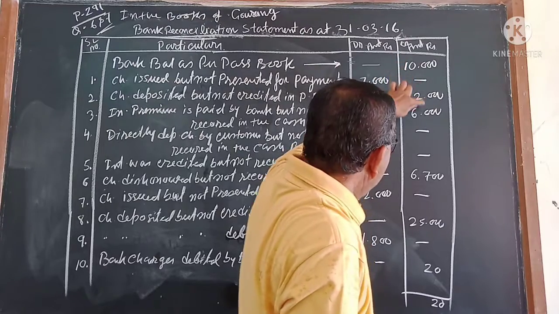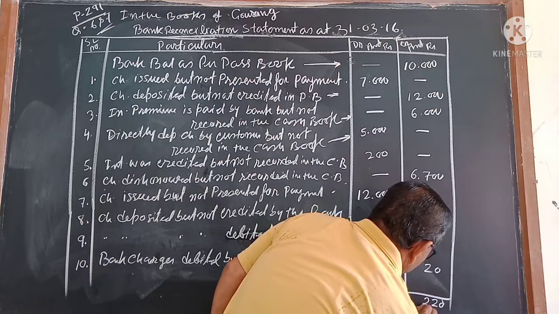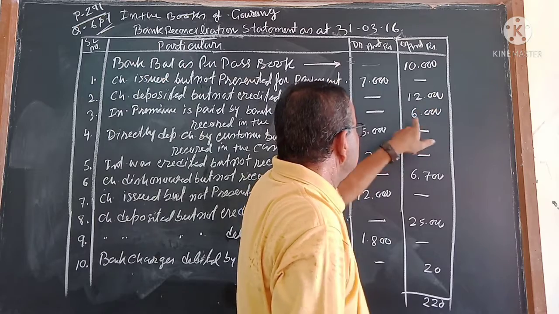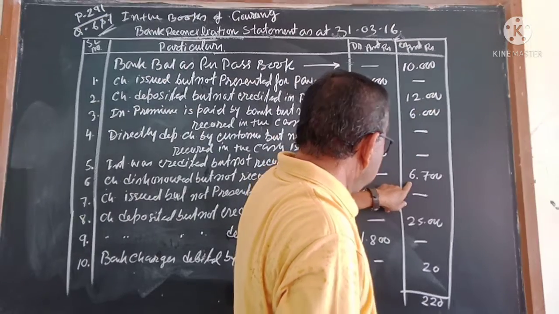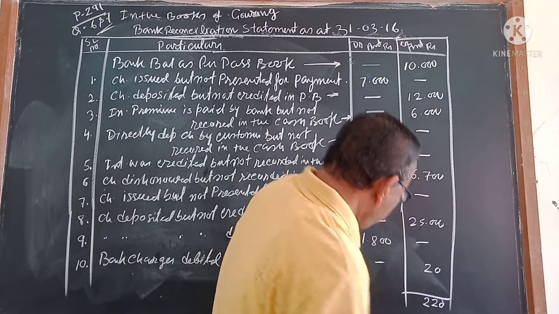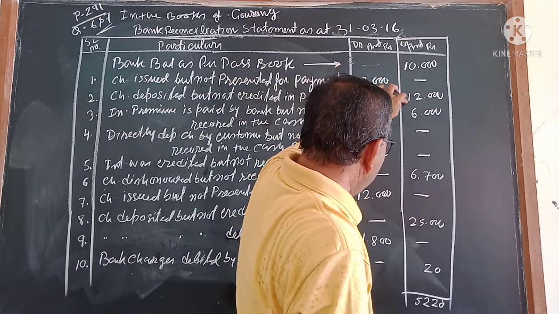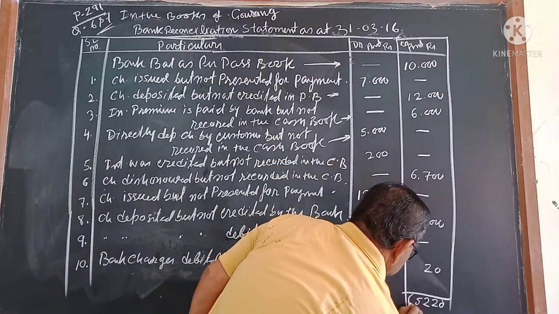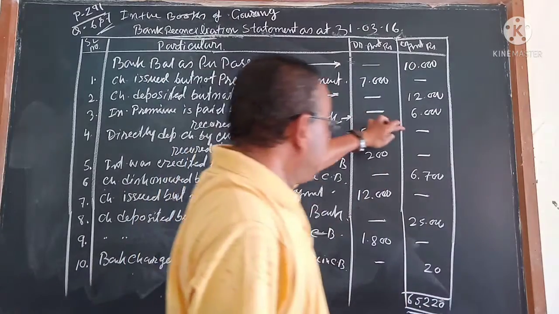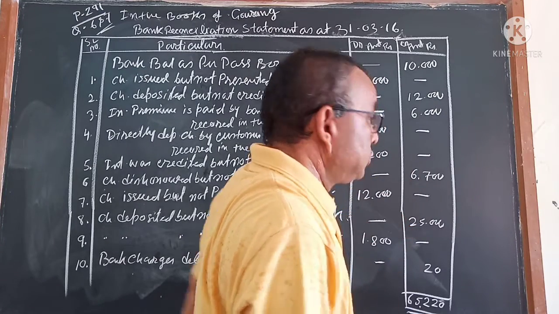Second, third is 7 plus 5, 12. 12 means 2, 1 in your hand. 1 in your hand, this is 3 plus 6, 9. 9 plus 6, 15. 15 plus 5, 20. 65,220. 22, 28, 34, 39.